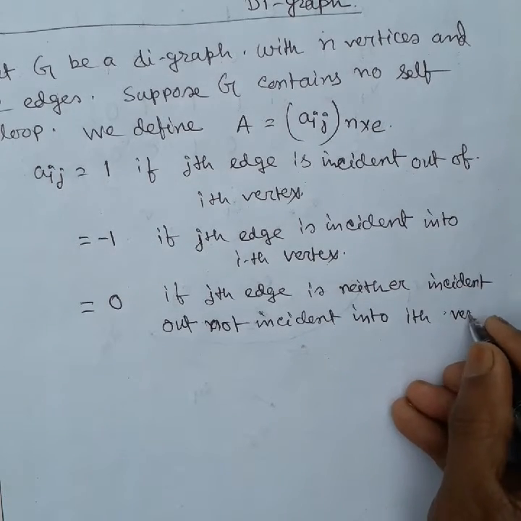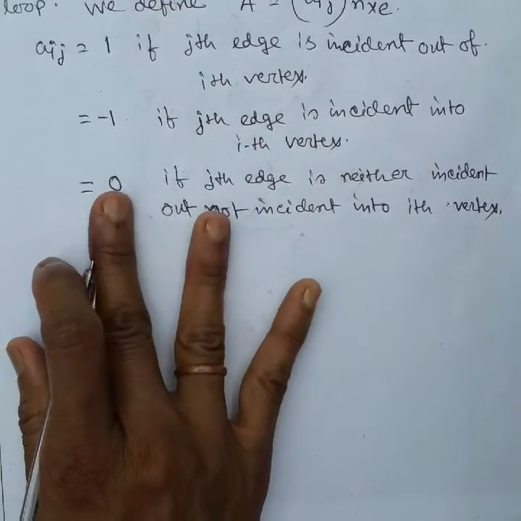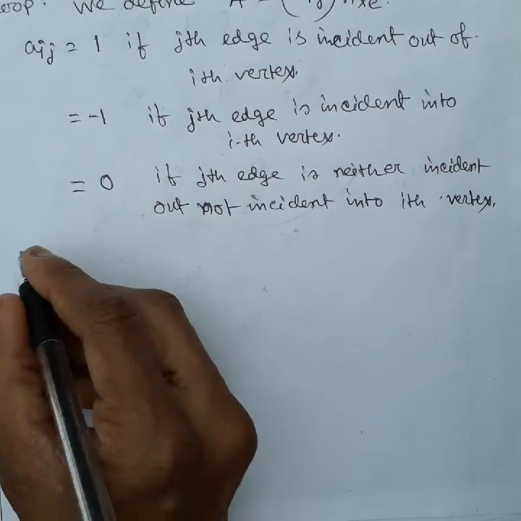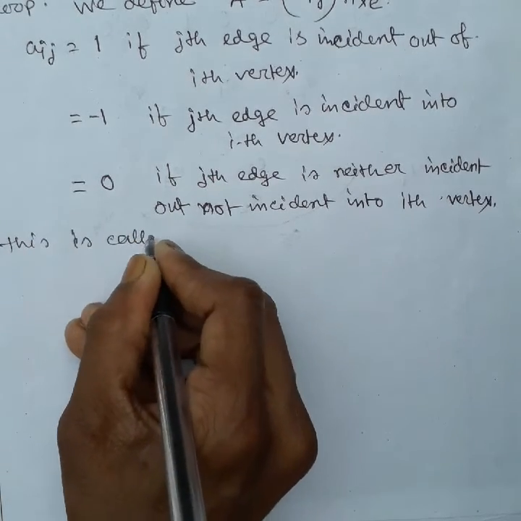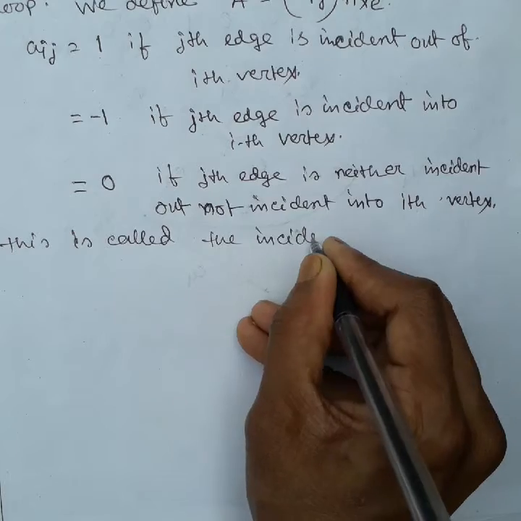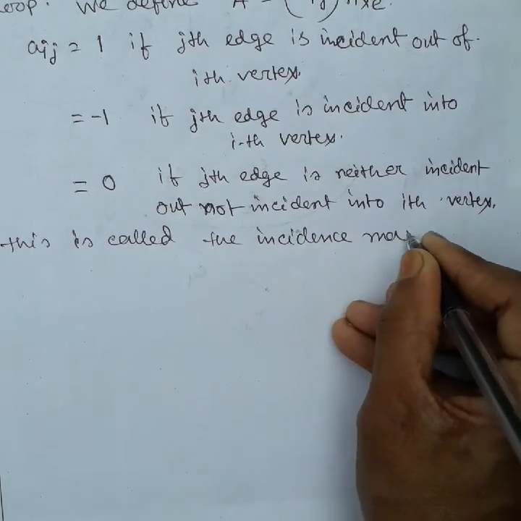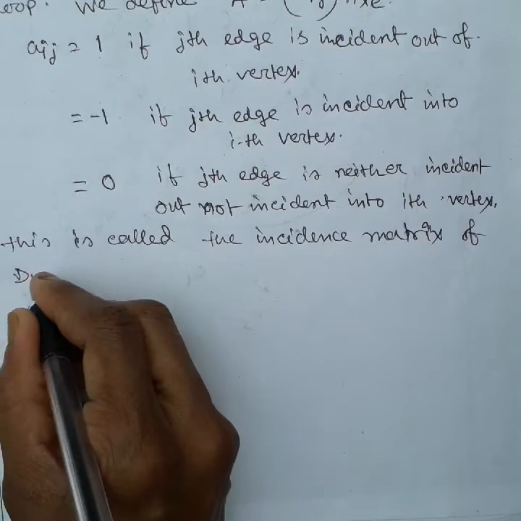Okay, so this is the main formula, and this is called the incidence matrix of the digraph.